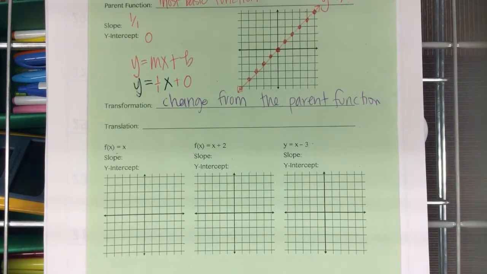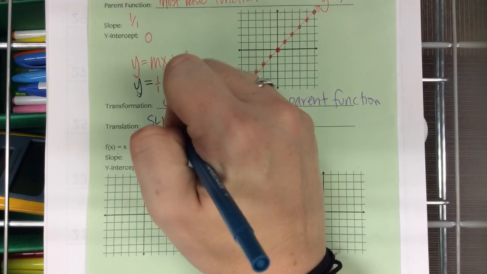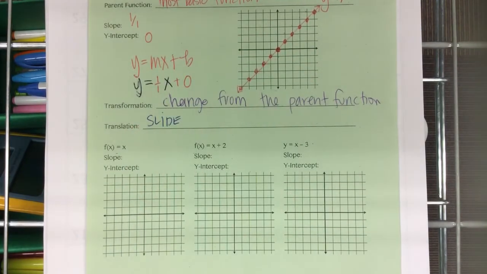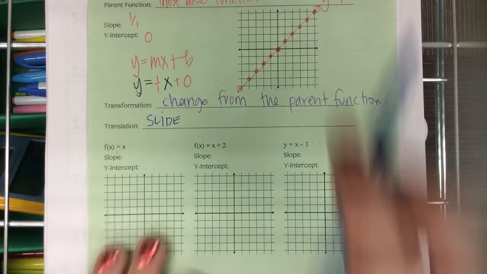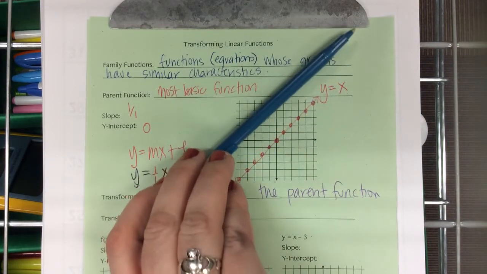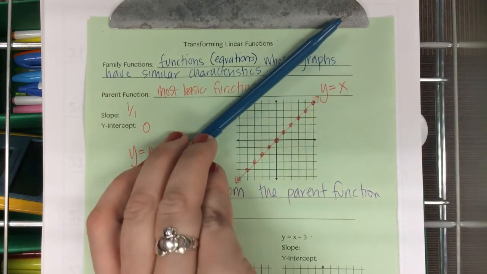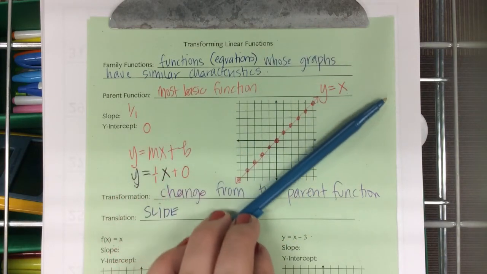A translation is when you slide. So if you're sliding something, let's think about that. If I'm going to take this graph and I'm going to slide it, is the slope changing?